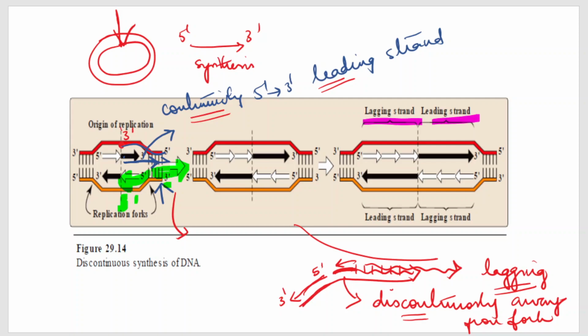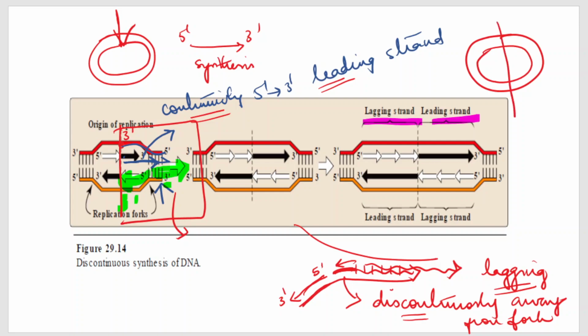Now we have covered this one part only. So what have we synthesized? Along this circular DNA, one part is what we have seen. We have the other part also, right? So the synthesis has to take place on the other side also. What happens?